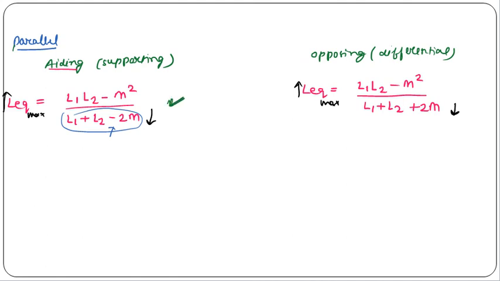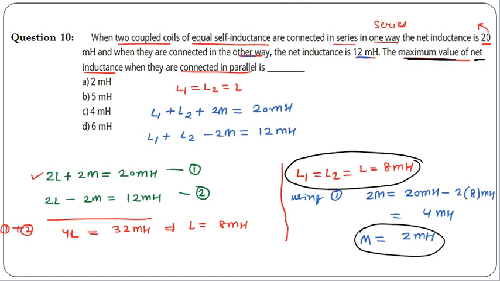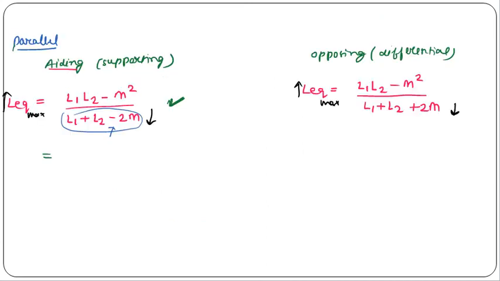So we will be using this formula, because if the denominator is less then only we will get the maximum value of the net inductance. So this will be equal to L1 into L2. L1 value we have obtained as 8 milli henry, and mutual inductance value as 2 milli henry. So this will be equal to 8 into 8 minus 2 squared, divided by 8 plus 8 minus 2 into 2.